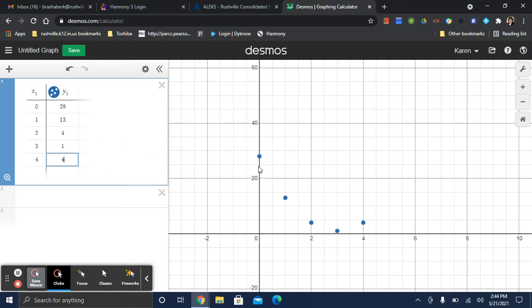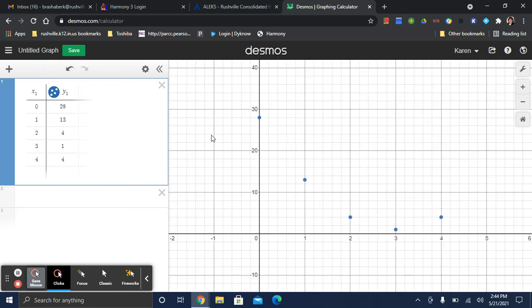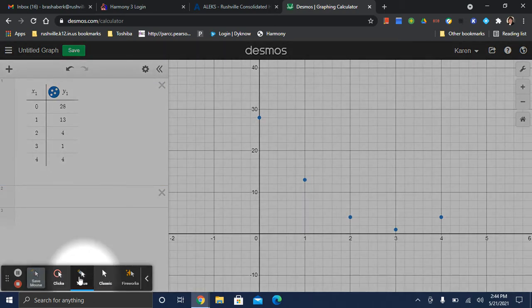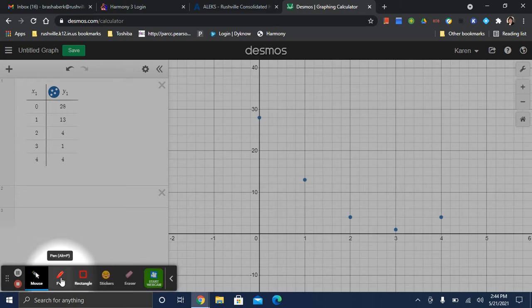Now this one, I can see them right away, or I can do this zoom fit again. It gives me just a little bit better look. This one definitely bounces down and then comes back up. And so that is in the shape of a quadratic. But I did want you to see what I was drawing that last time, let me turn off that focus and get back to the mouse.